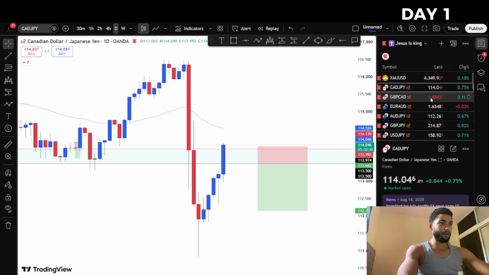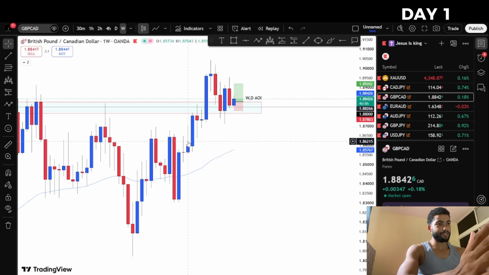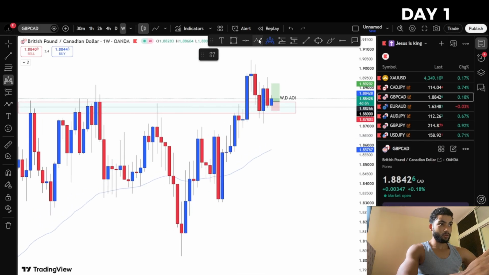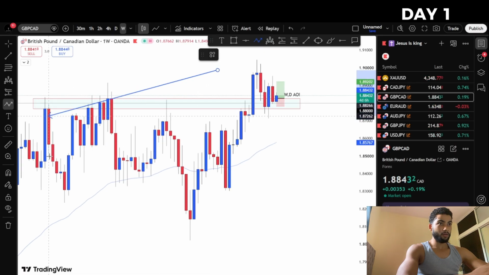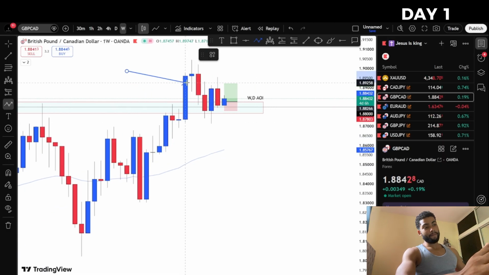So what I'm going to be waiting for is, I also forgot to say that I have my area of interest, which is this box right here. Whenever price is below, it's heading down. As I said, this support and resistance area works.